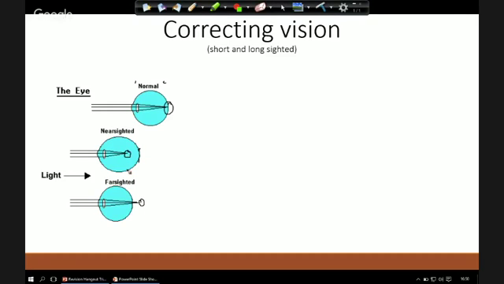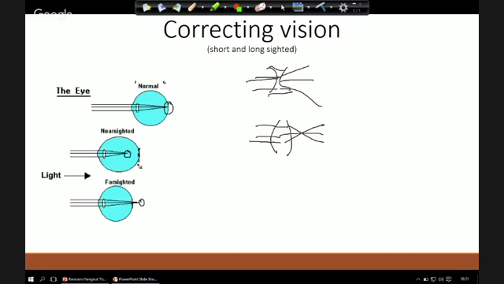Okay, now if we want to correct these two different types of visual impairments, then we need to place lenses in front of them. Now, you can work out in the exam which lens it is, because there are two types of lens. The ones which spread rays out, and the ones which bring rays together. So we need to be thinking about what I'm going to need on this type of eye, and what I'm going to need on this type of eye to make it focus straight on the back of the eye.